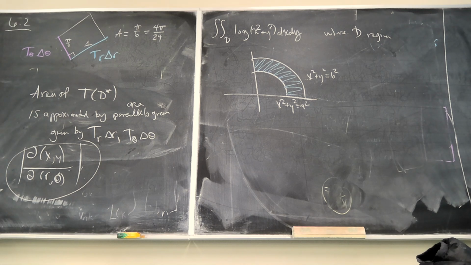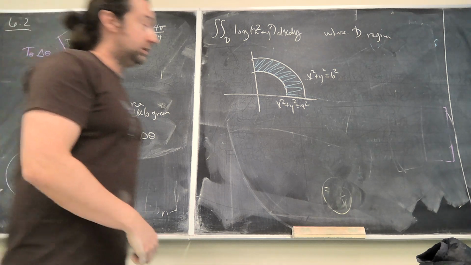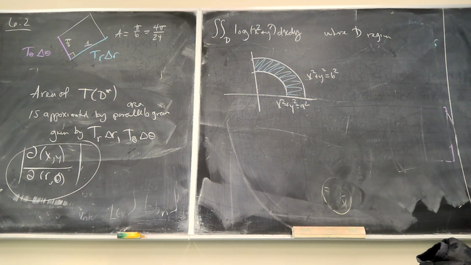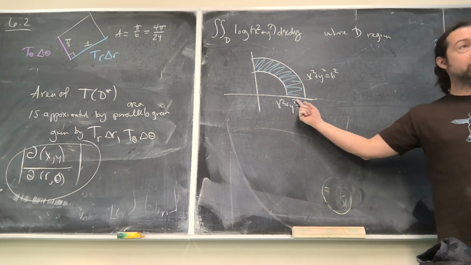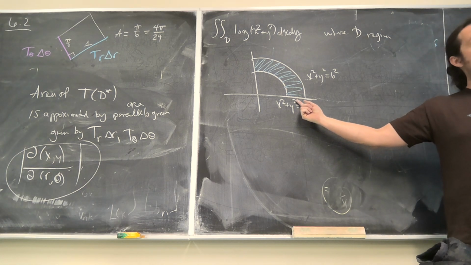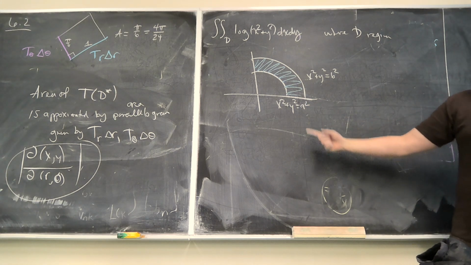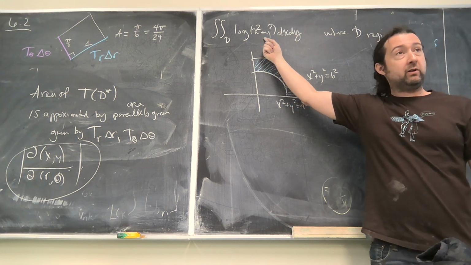By the logic of textbooks, since we're in the chapter on change of variables, it might be wise to try to use a change of variables to solve this problem. And in particular, if you haven't done this in a while, the change of variables that it really wants you to use here is a polar change of variables, because we're talking about a domain that is bounded by circles. So this is a polar rectangle. And even more bait for you is the fact that there's an x squared plus y squared in the problem, right?